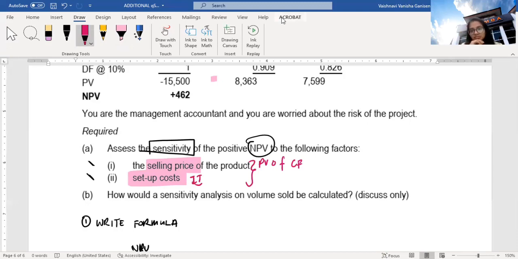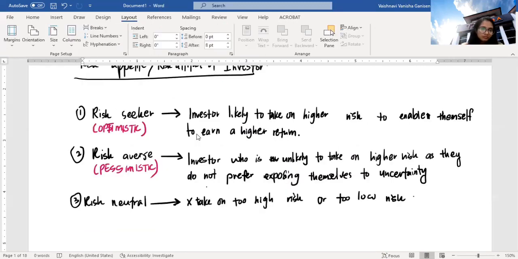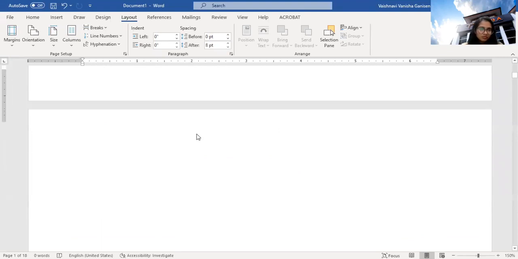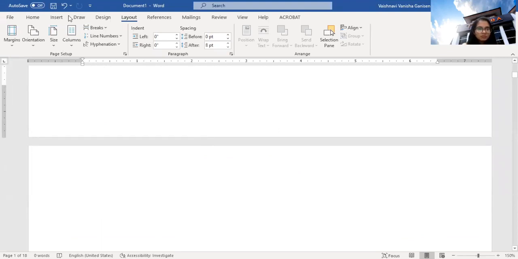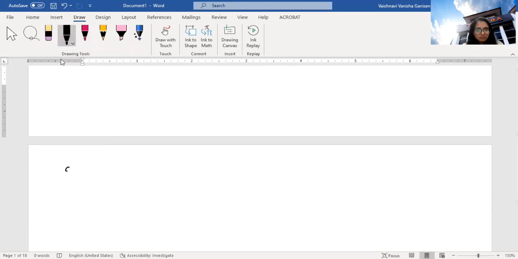Let me switch my screen. Hold on. Okay, here. Sensitivity analysis.